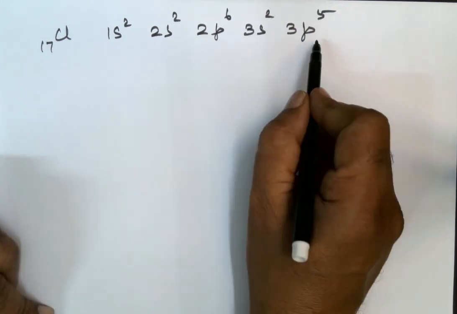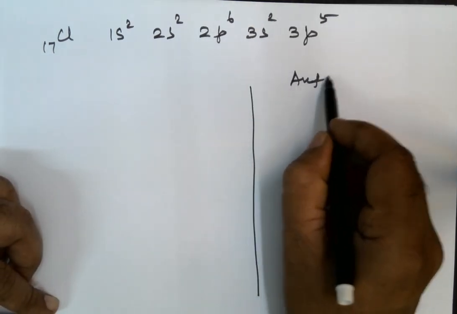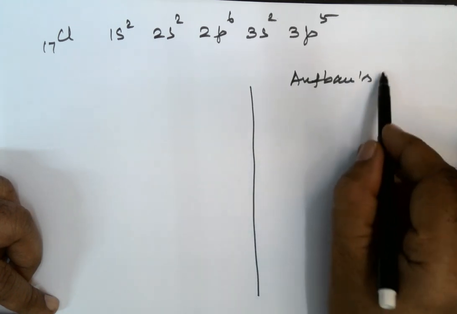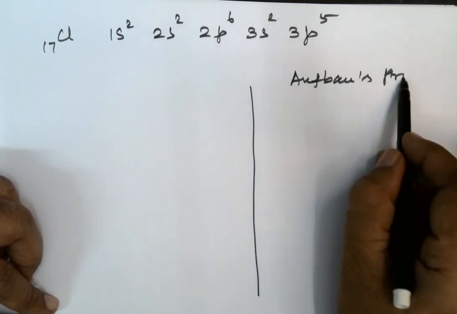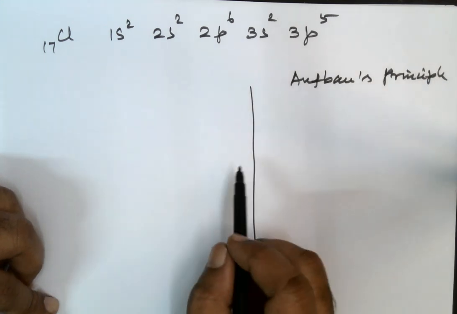How did I organize this? This is based on the Aufbau principle. And what is this Aufbau principle? How to construct the electron configuration with the increasing order of energy.